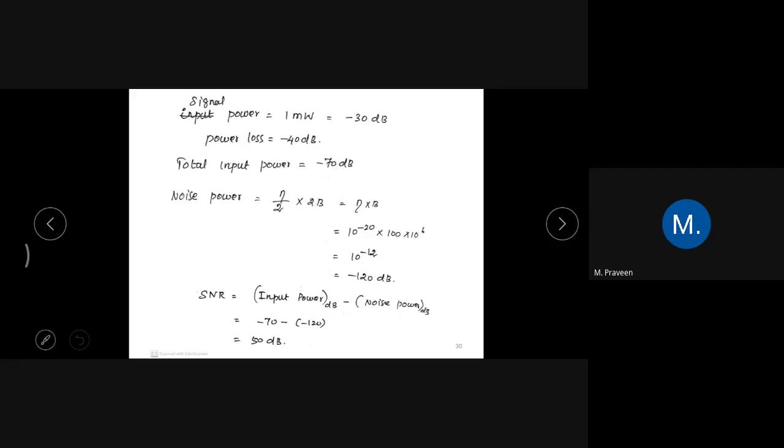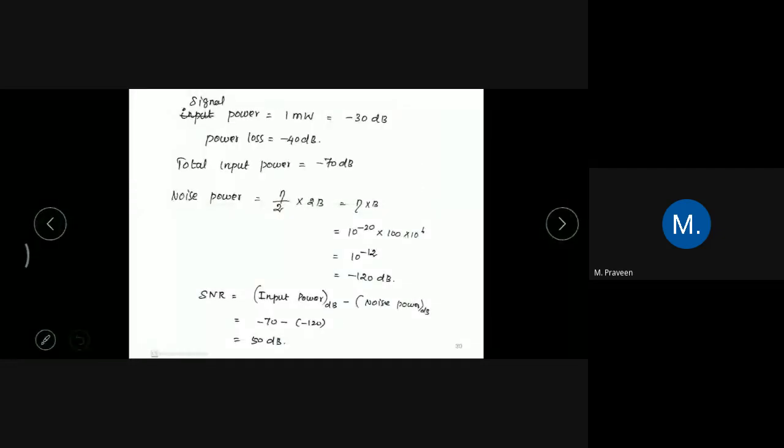Now the input power is in the form of dB, so we have to convert the noise power also into dB. Since the value is 10 to the power of minus 12, the equivalent is minus 120 dB. Now I have the signal power as well as the noise power. The final objective of this question is the SNR value in terms of dB, not as an ordinary number.